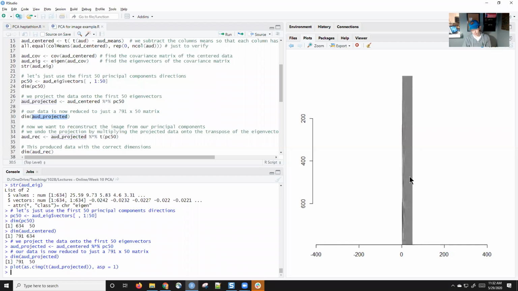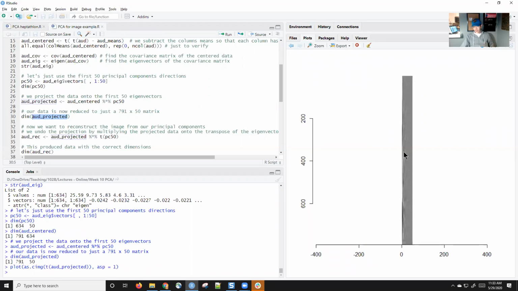This is a rotation of the data in the image. The original data exists in 634 dimensions, and we're reducing it down to 50 dimensional information. This is that projection, and it doesn't look like anything if you try to graph it like this.